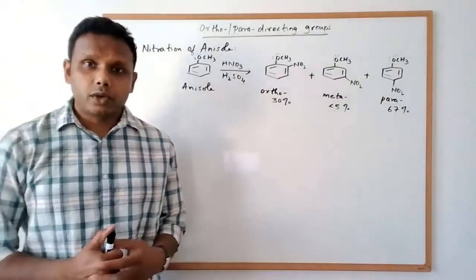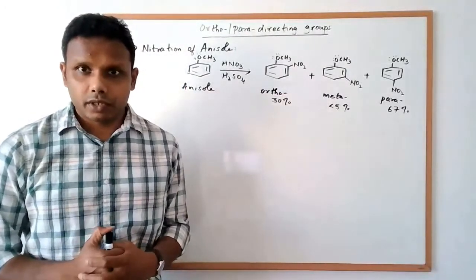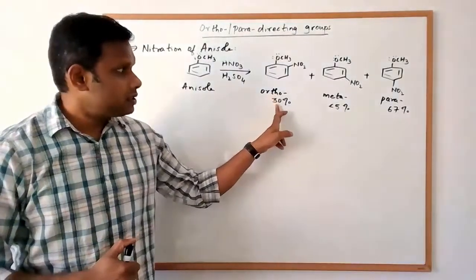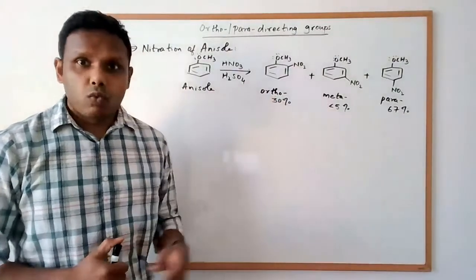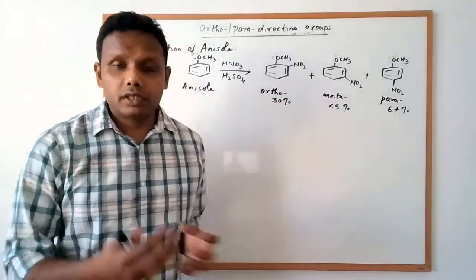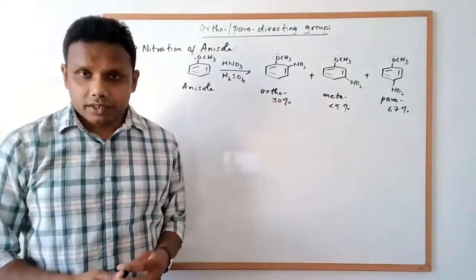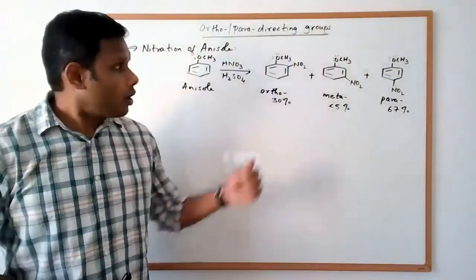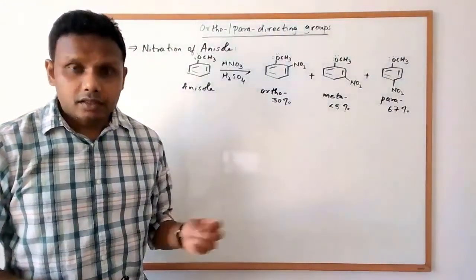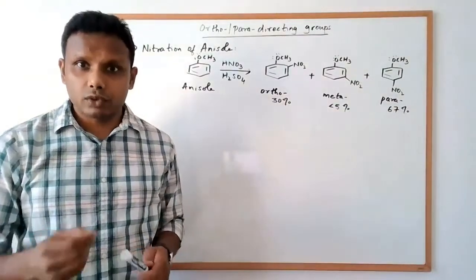Next, let's try to understand the product distribution that we see in this reaction. Why are ortho and para favored over meta, and why is para formed in a higher amount than the ortho product? To understand this, we will have to dig into the mechanism of the reaction, and for the formation of each one of these products, we'll have to look at the mechanism.